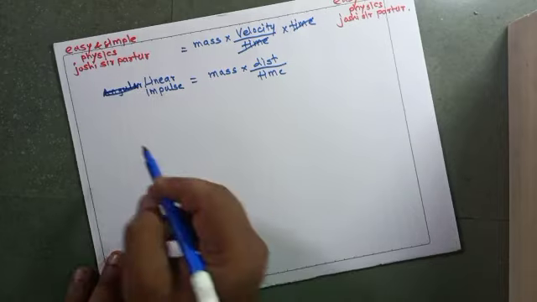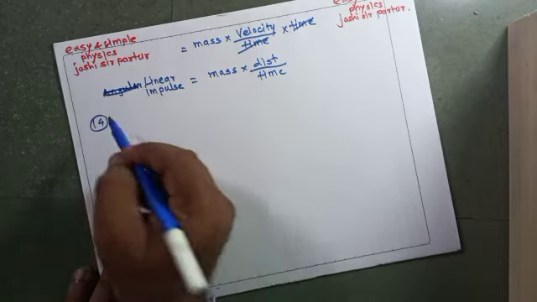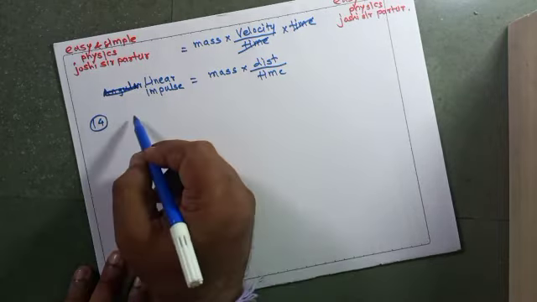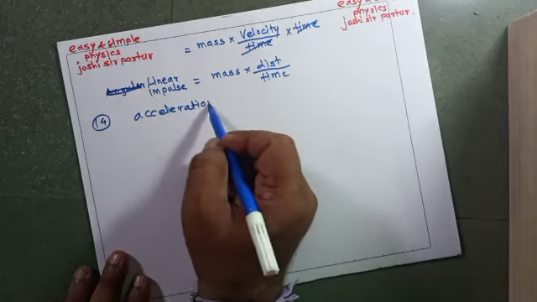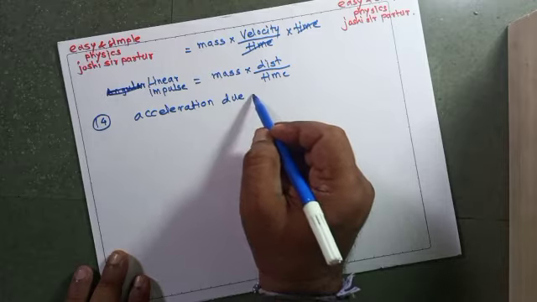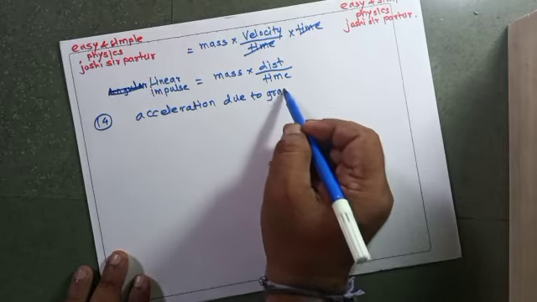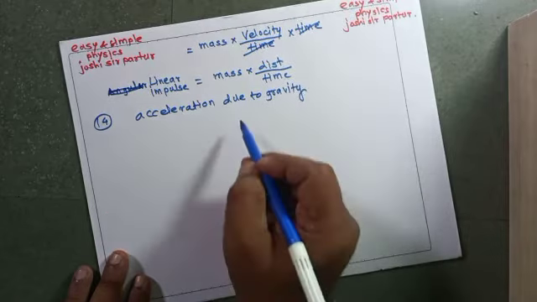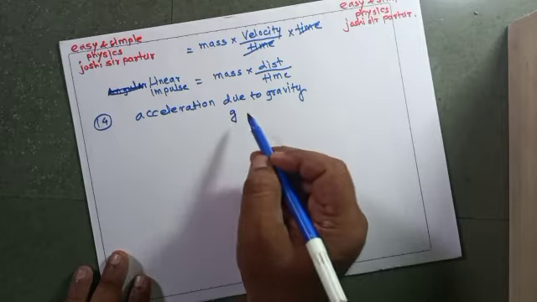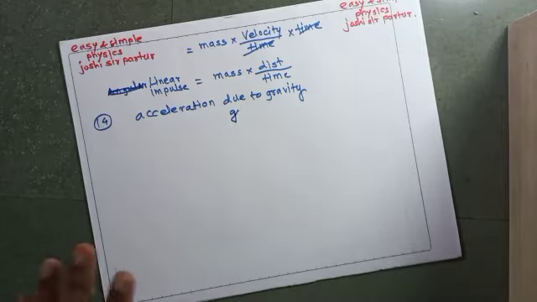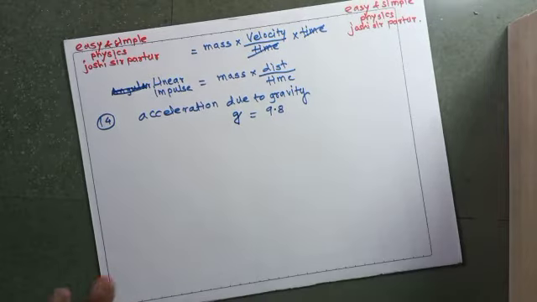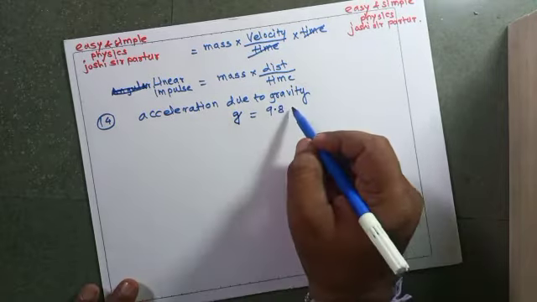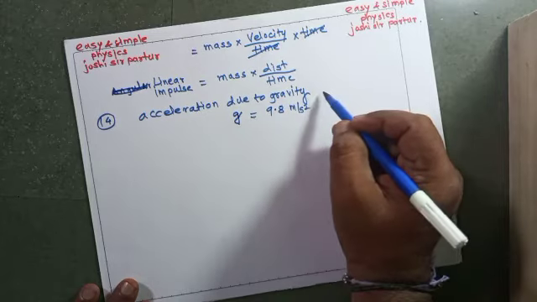Okay, next the 14th physical quantity is acceleration due to gravity. Acceleration due to gravity is denoted by small g. Its value is 9.8 meter per second square.